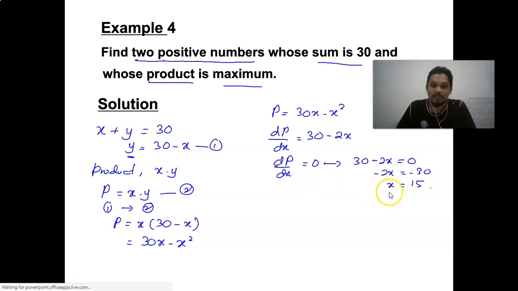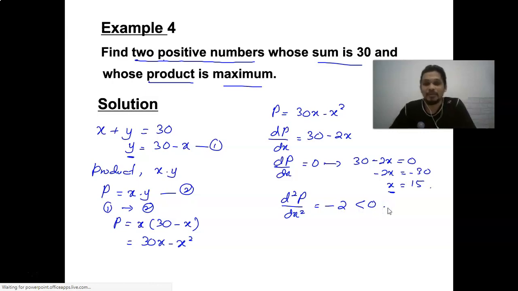Now this value of x equal to 15 is what we're going to substitute into the second derivative of P with respect to x. But before that, we find the second derivative of P with respect to x. Differentiating 30 gives 0, and differentiating negative 2x gives negative 2, which is less than 0.